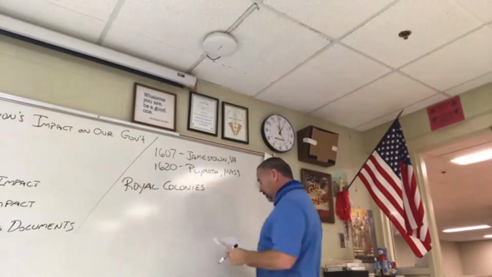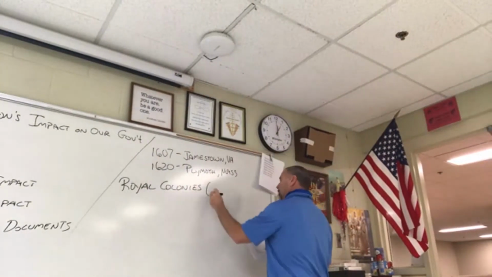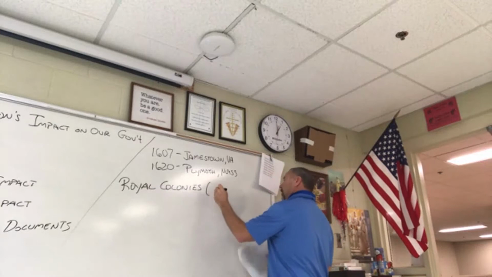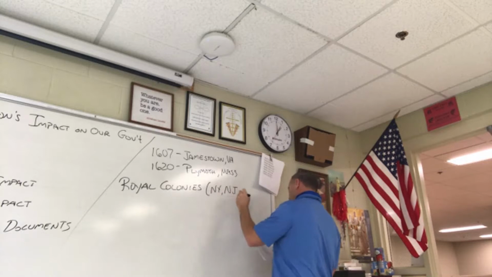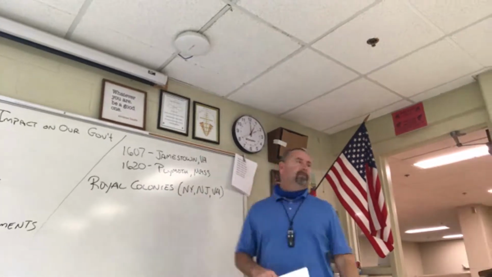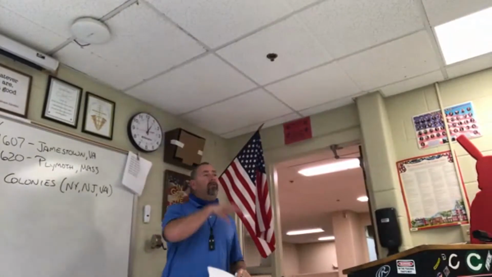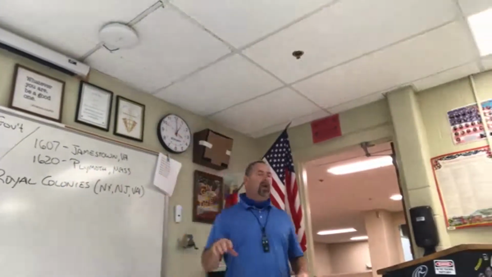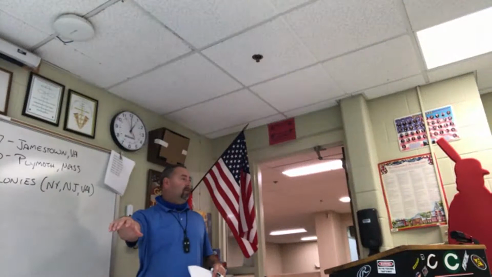Now, guys, there were 3 royal colonies to start: New York, New Jersey, and Virginia. What we're going to be doing is looking at the governments established in each of these 3 different types of colonies, and look at those traditions, some of which we keep for our new constitutions.